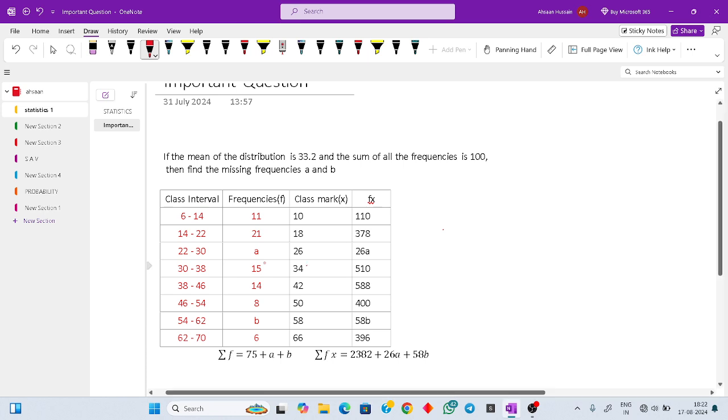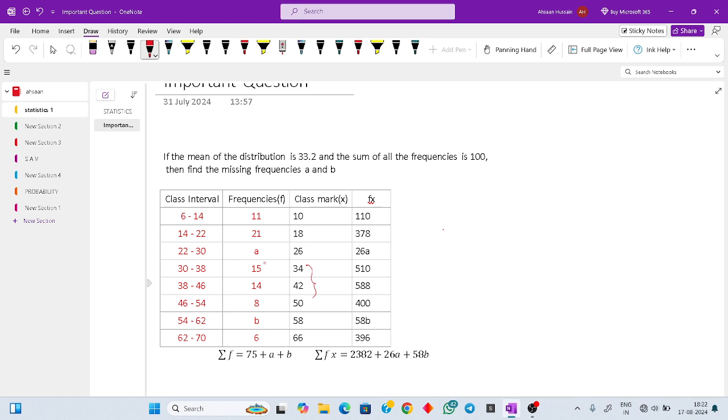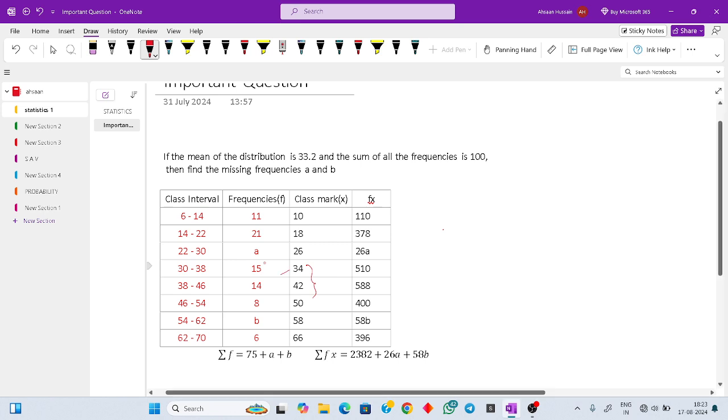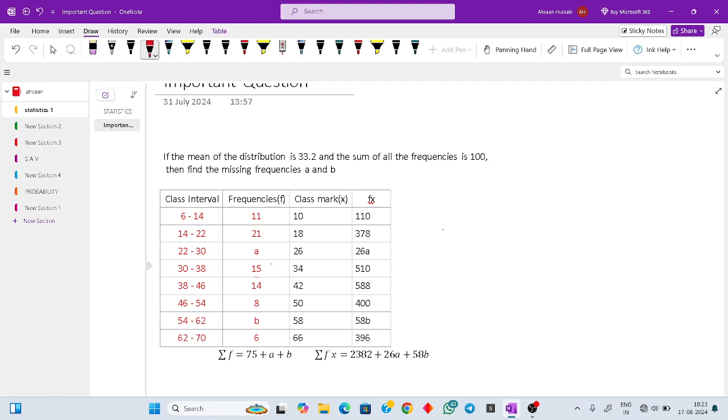In this case, there are two middlemost values, 34 and 42. Okay. So which one will be our assumed mean? Our assumed mean will be the one that corresponds to the higher frequency. For example, 34 has a frequency of 15, but 42 has a frequency of 14. Clearly 15 is greater than 14, so our assumed mean will be 34 in this case. Understood? Okay. Now let's come back to the question again.